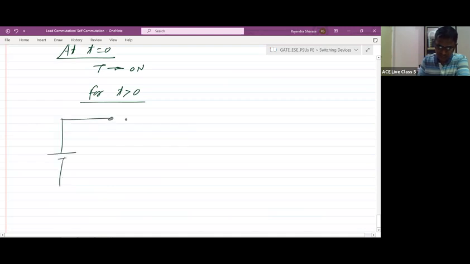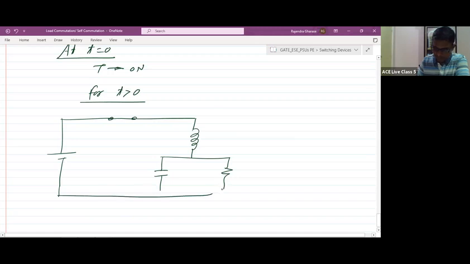This is Vs, here it is an SCR, inductor, capacitor, and here it is RL. RL is high, we have considered here. This is IL, IT, IC, this is RL, and this is your I0.